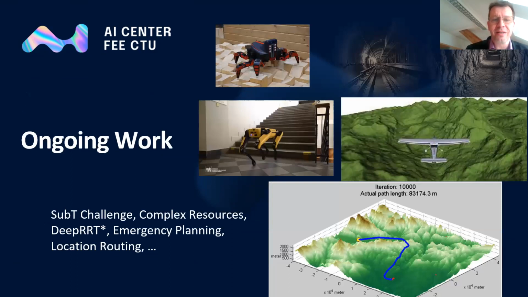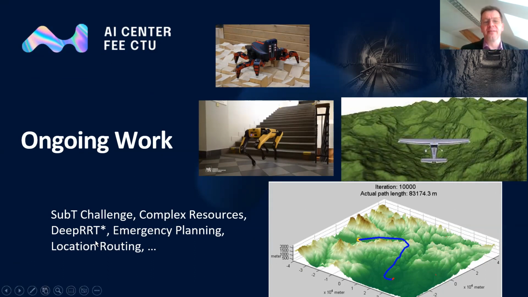Okay, this integrates, and also ongoing work is to have it in the SubT challenge. This is the upper right corner. It's a DARPA challenge from the US, where we have participated as CTU with some robots, also this Boston Dynamics dog, the Spot robot, they call it.